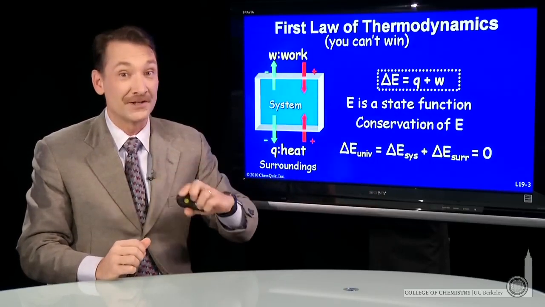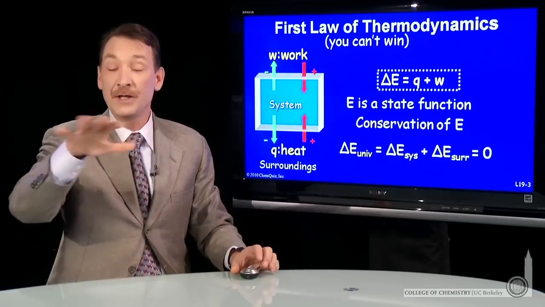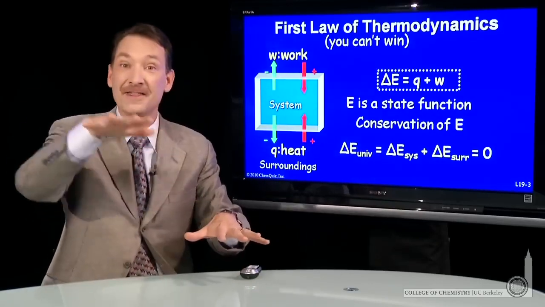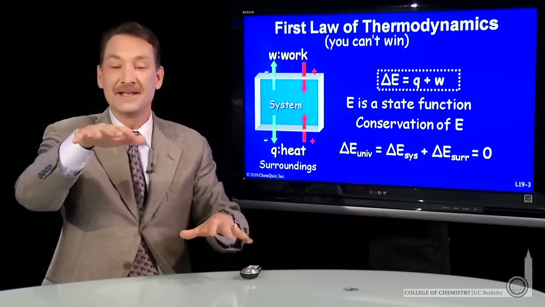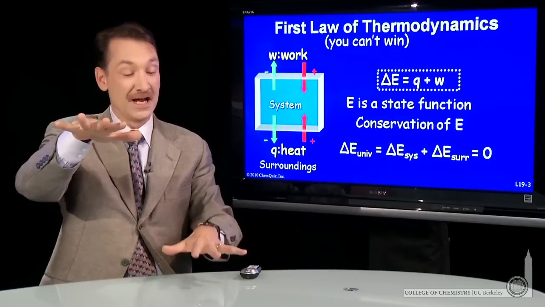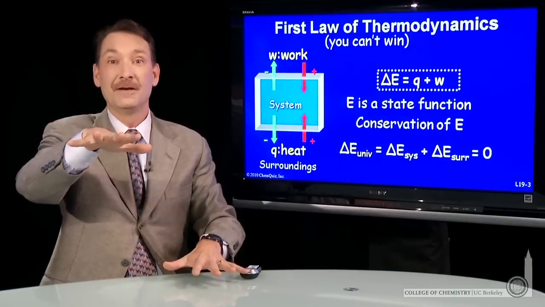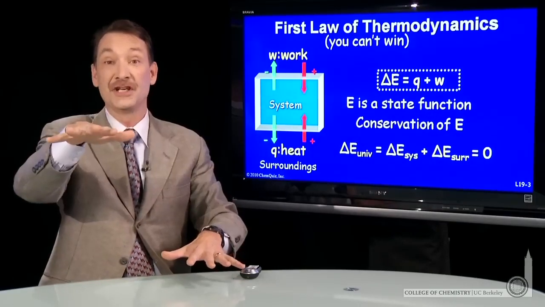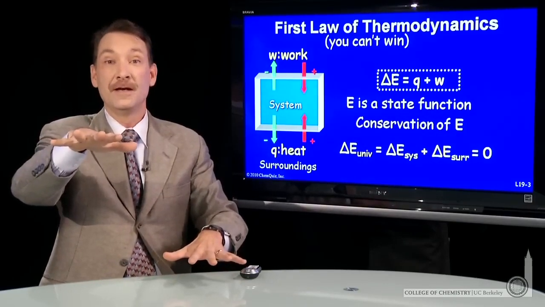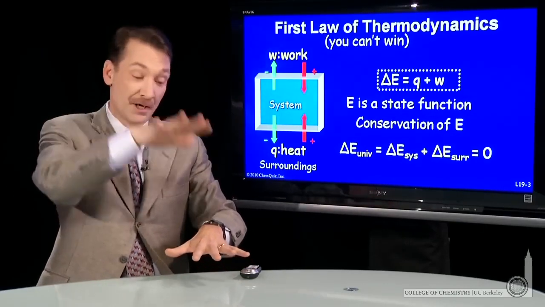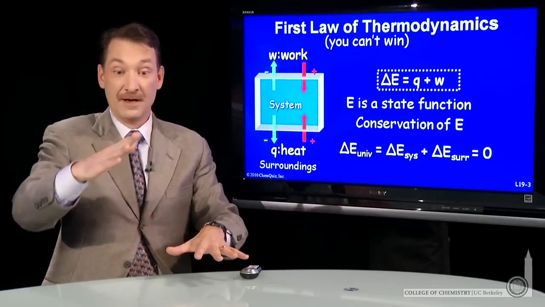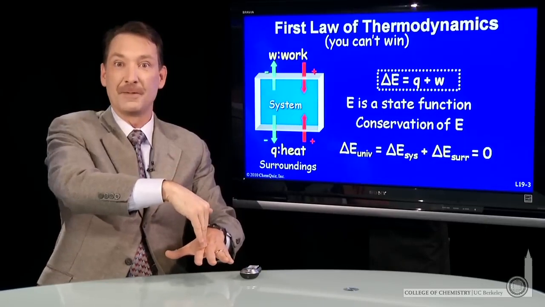Energy is a state function, and that means it depends only on the initial and final states of the system, not on the path to get there. That is, if I'm at the top of a hill and I jump down to the bottom of the hill, my gravitational potential energy changes. I have more potential energy here than I do here. And that doesn't matter if I jump off the hill directly, or if I run down the hill in circles, or if I fly up in the air and then come down to the bottom of the hill.